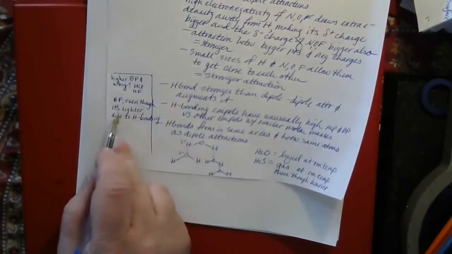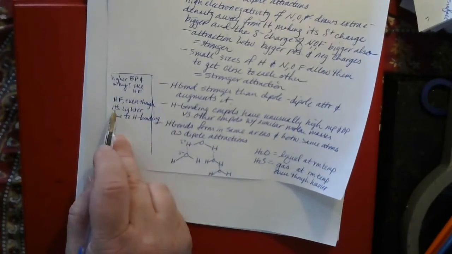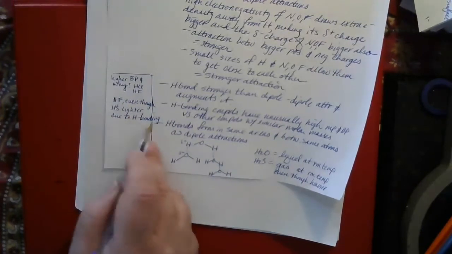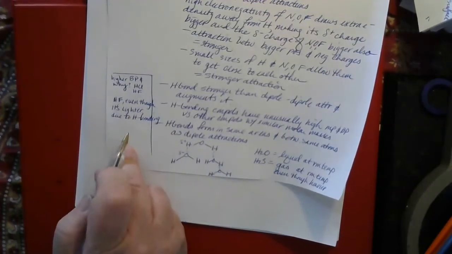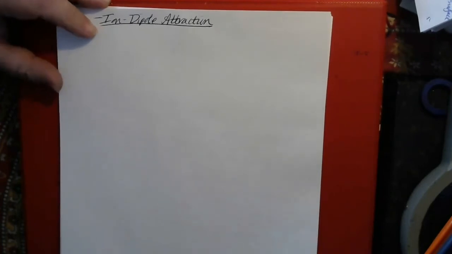So HF, even though it's lighter than HCl, has a higher boiling point because it can engage in hydrogen bonding. Okay, so that can have a big effect. All right, ion dipole attractions.